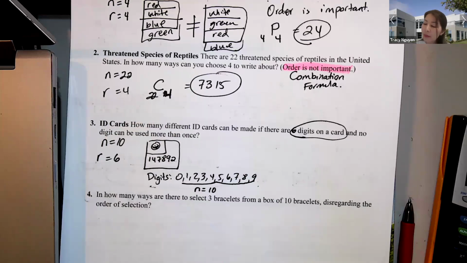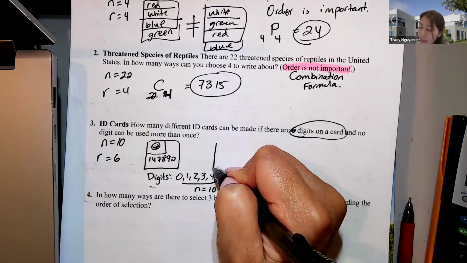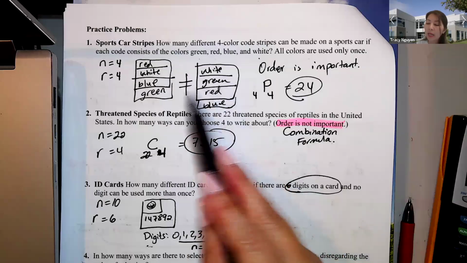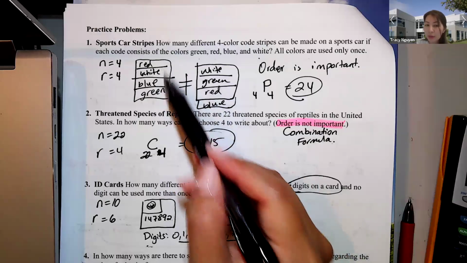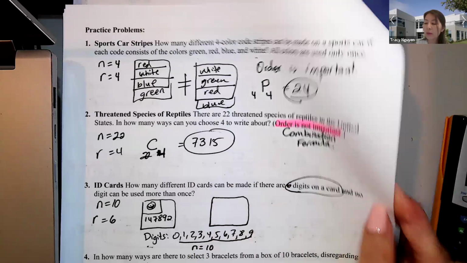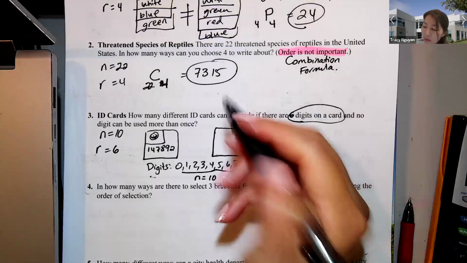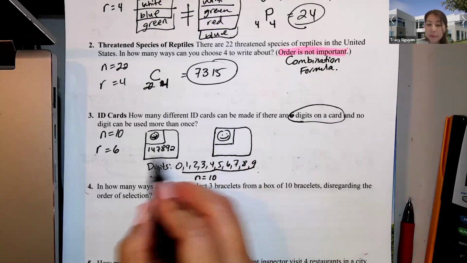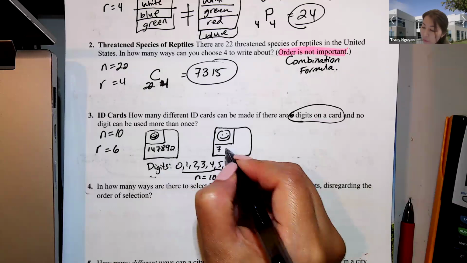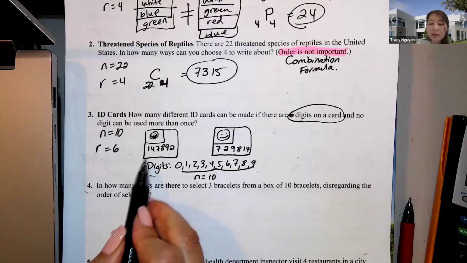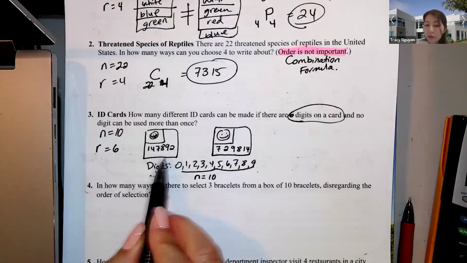Now, I'm going to give myself another example to ask whether we are doing it by the permutation or combination formula. Here I provided an example where I change the order of the color. Do I have a different stripe? The answer is yes. The same goes here. I'm going to change the order of the digits. I'm still using these digits, but what if I have 7, 2, 9, 8, 1, 4? I'm using the same digits as in the first ID.